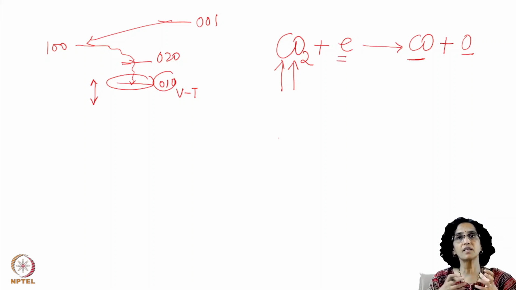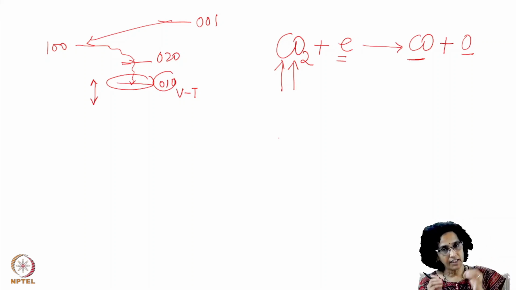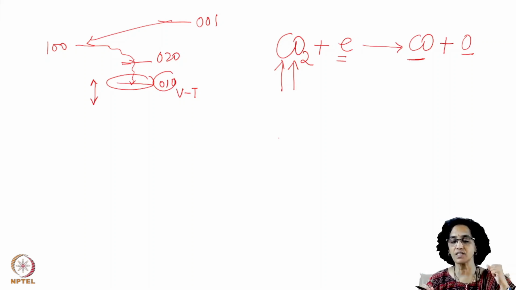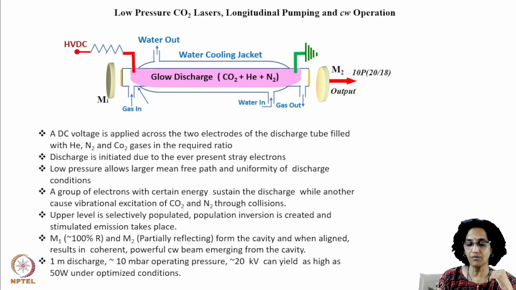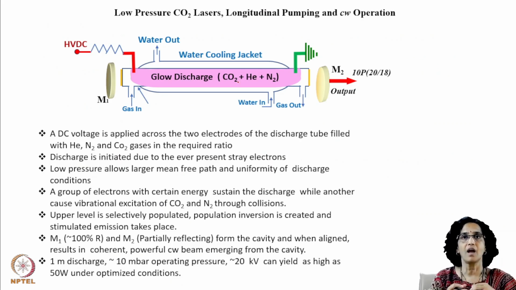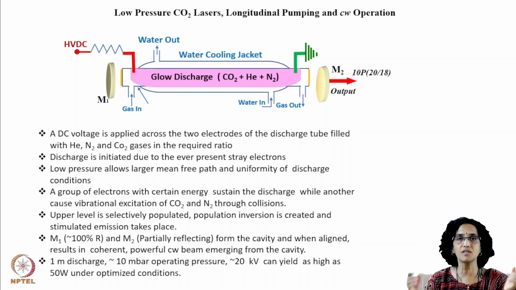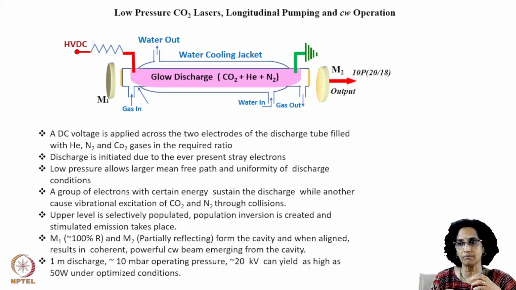That means electrons are consumed up in the formation of negative oxygen ions, and you require a sufficient number of electrons for initiating the discharge, for sustaining the glow discharge, and therefore we do not want any species in the discharge medium that will remove the electrons and create a problem for the sustenance of the glow discharge. Therefore, this CO as well as oxygen, which are created in a discharge, they are detrimental for a glow discharge.